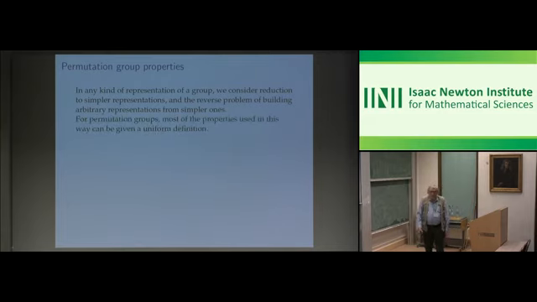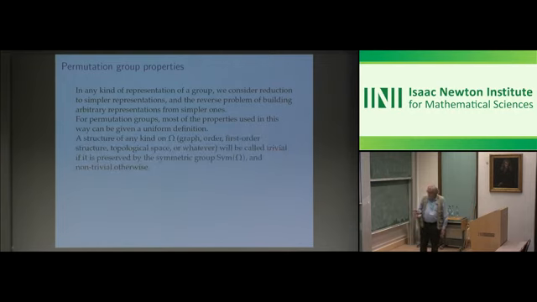So I want to define the sort of properties we'll be using in a uniform way. So we have our set omega that we're acting on. If you have any kind of structure on omega, I will say that the structure is trivial if it's preserved by all the permutations in the symmetric group, and of course it's non-trivial otherwise.